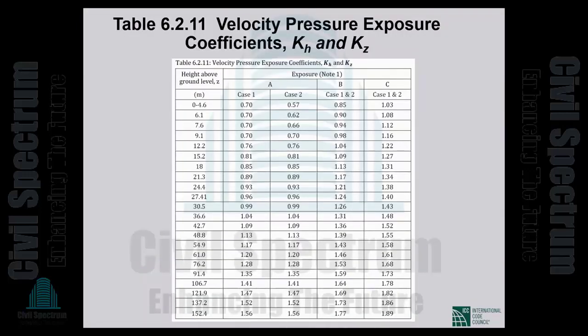The exposure category, how you establish whether you have A, B, or C, we have gone over. Once you have your exposure category, you can determine K sub H, which is the K at the mean roof height level, or K sub Z, which is at any height Z above ground level, from this table.